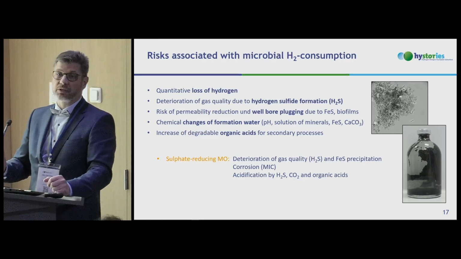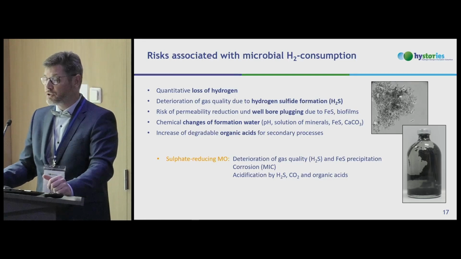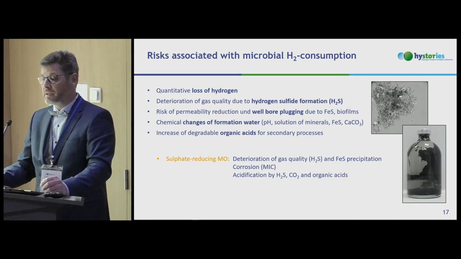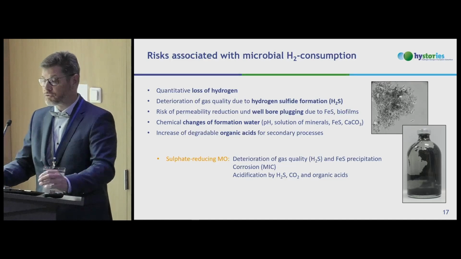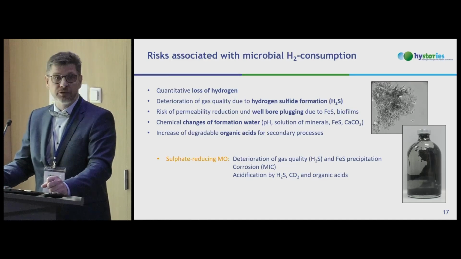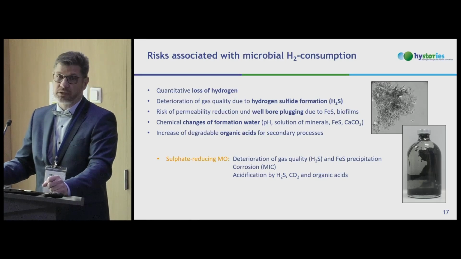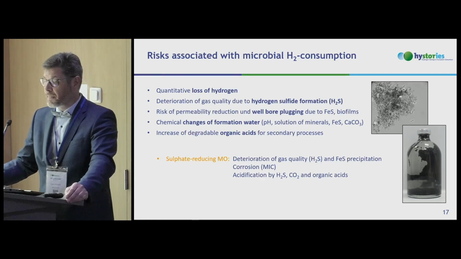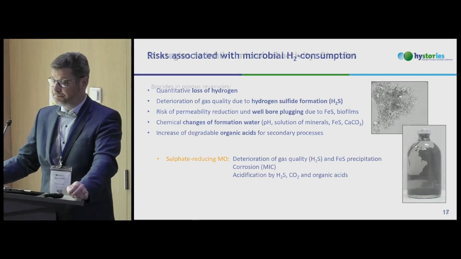While the loss of hydrogen might be economically of minor importance, the formation of H2S by SRP or plugging by bio-based solids and biofilms can cause major technical problems in porous structures. As we have seen, sulfate-reducing microorganisms can develop quite well in subsurface formations even under extreme conditions and have particularly negative effects through the formation of H2S. For these reasons, special attention must be paid to this microbial group.